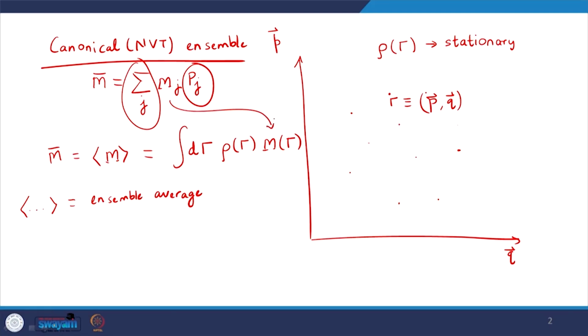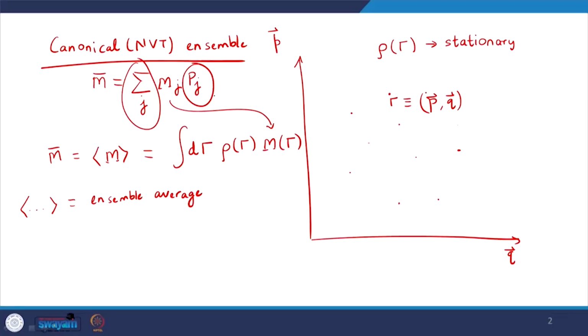I am replacing the property values at different energy states by the property value as a function of gamma, because in the continuous limit it becomes a continuous function. The probabilities in discrete space are replaced by the probability density in continuous space, and the summation is then replaced by the integration. So it is this integration that I want a Monte Carlo simulation to perform.